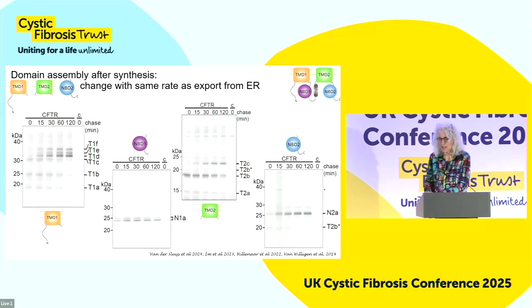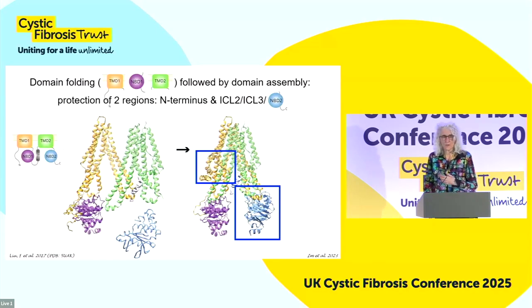That was quite a major thing to do with the radioactivity, and we had to make many constructs, but people in the lab did a heroic effort, so we know precisely what every fragment is and where the protease could hit CFTR and where it couldn't. And what we then identified is that during domain assembly, there were only 2 regions in the protein where there was a major change in the protease resistance, so the packing and the folding.